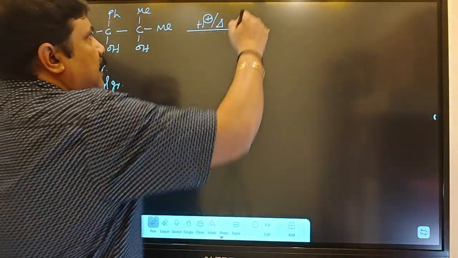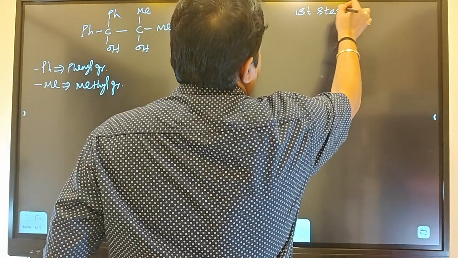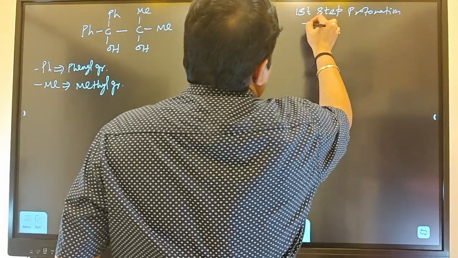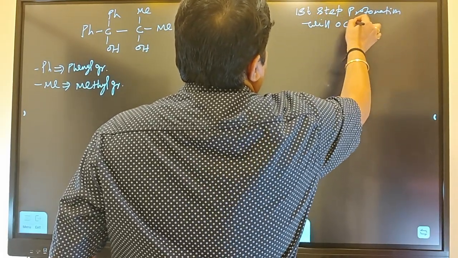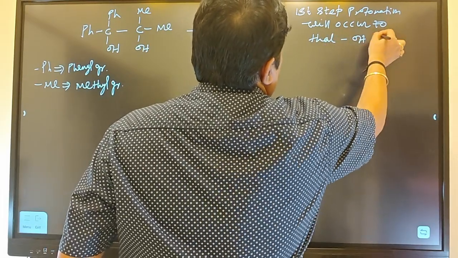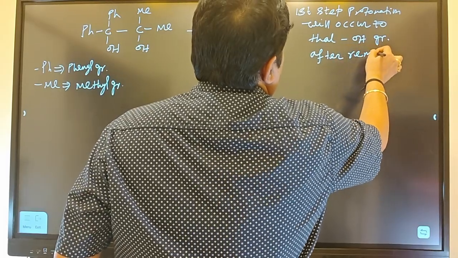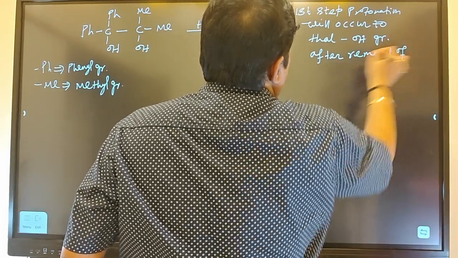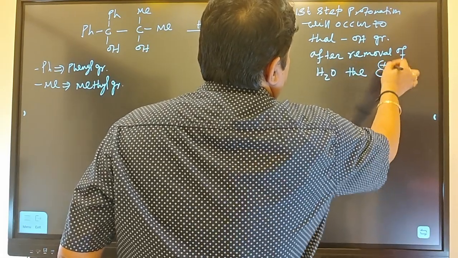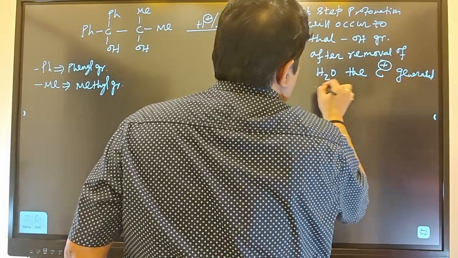So always the first step, protonation, will occur at that OH group, after removal of H2O. The carbocation generated, C plus means carbocation, will be the maximum stable.